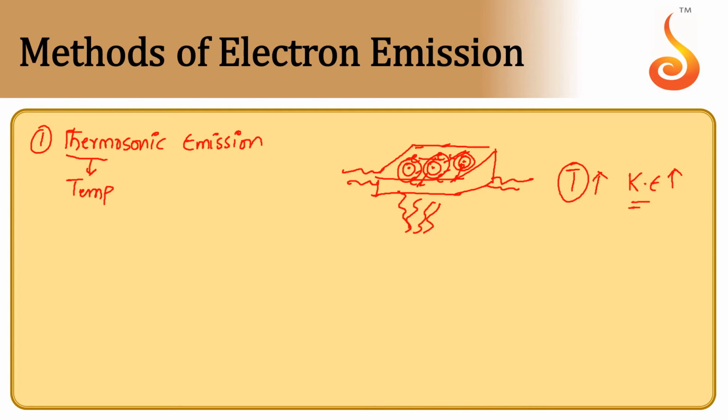So the temperature indicates the kinetic energy of the molecules of a metal. When we keep on providing the heat, at a certain instant the kinetic energy of the electrons will acquire an amount of energy which is equivalent to the work function of the given metal.